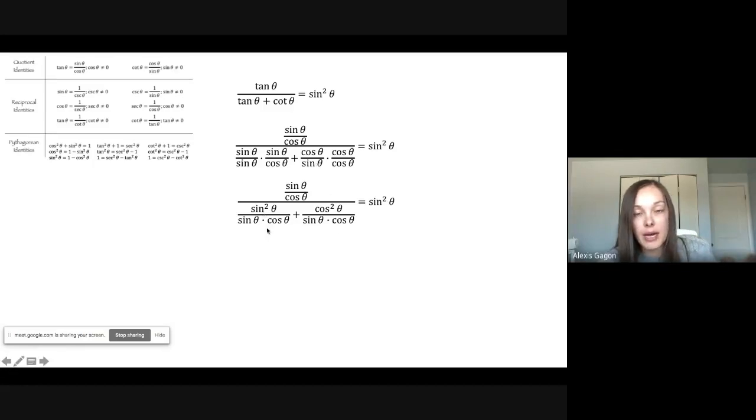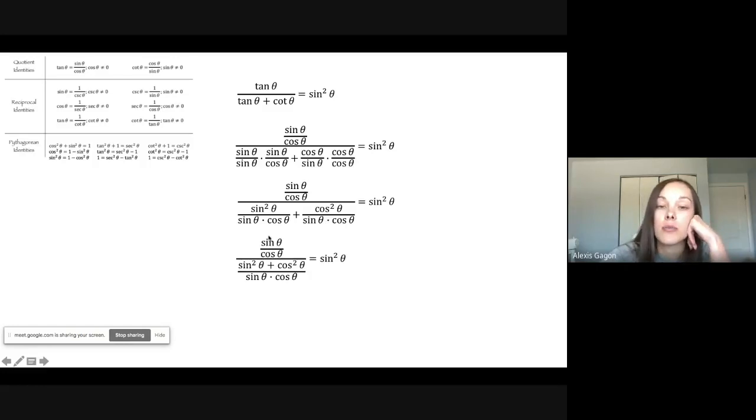Okay, we can combine this bottom. Since they have the same denominator, the top is still sine of theta over cosine. The bottom is sine squared plus cosine squared over sine times cosine. Well, sine squared plus cosine squared is 1, so we can just change this part to 1. So we have sine of theta over cosine over 1 over sine of theta cosine of theta.